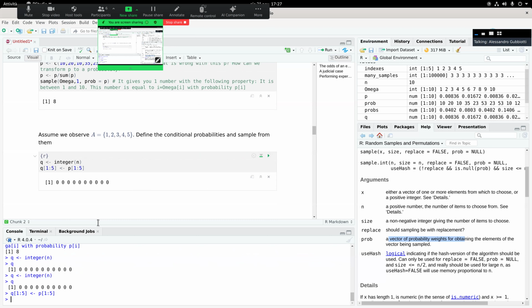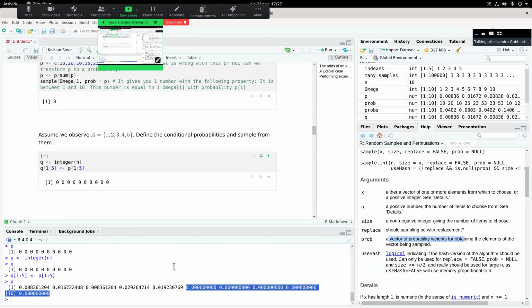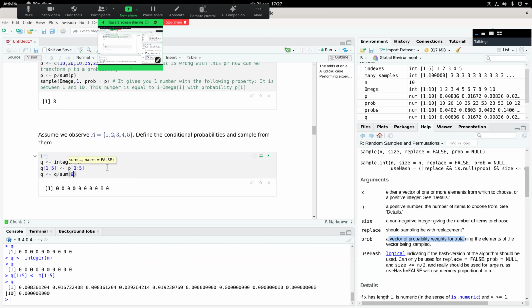This is what we want, because we want to define the conditional probability, but the problem is that they do not sum to 1, so we have to normalize it. Now, the sum of this Q will be equal to 1.